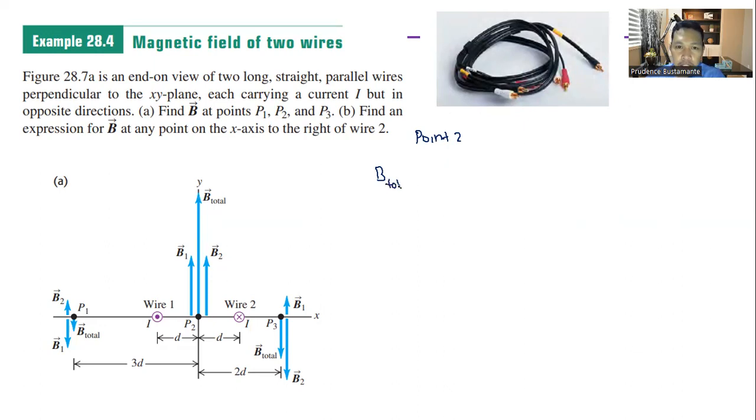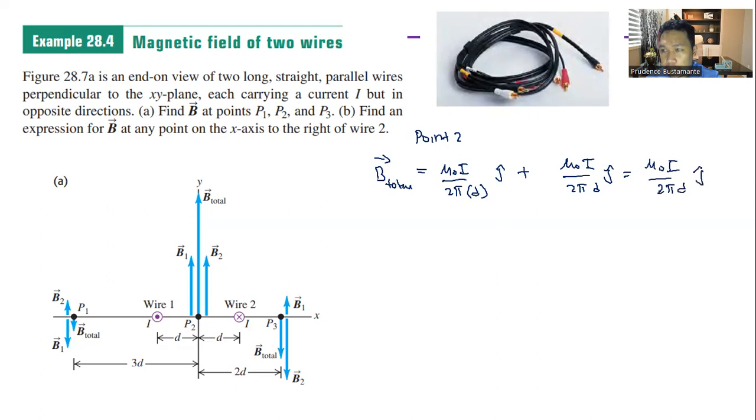Both are positive, so we have mu naught I over 2 pi times the distance D j hat plus mu naught I over 2 pi D j hat. So the B total becomes mu naught I over pi D j hat.